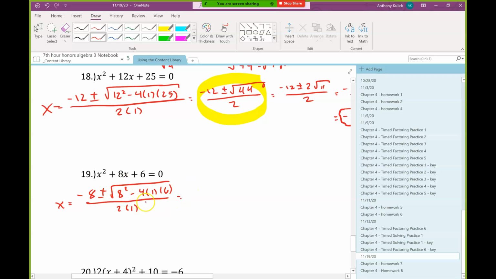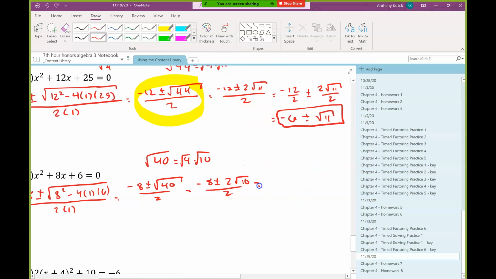So 8 squared is 64. 4 times 6 is 24. So 64 minus 24 is 40. And 40 we should see as 4 times 10. So that's the same as root 4 times root 10, or just 2 root 10.